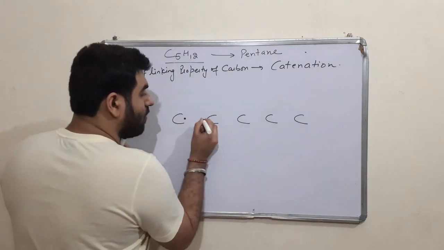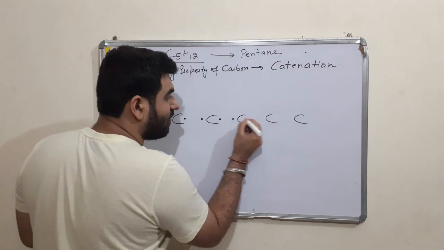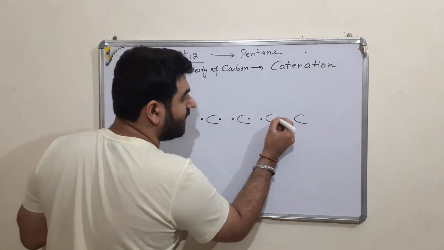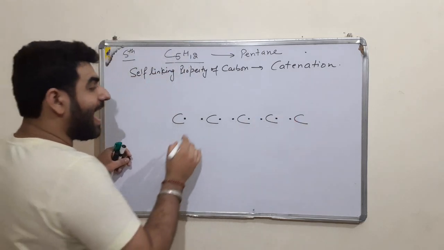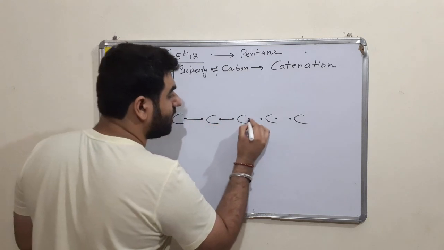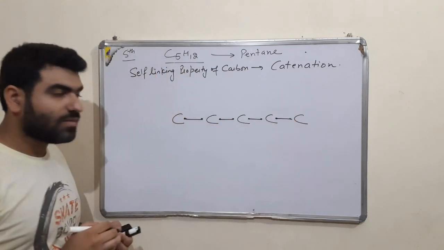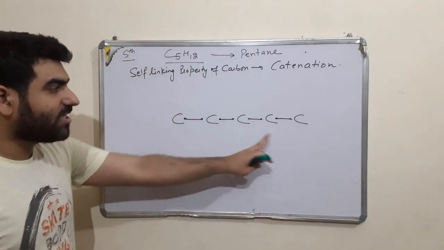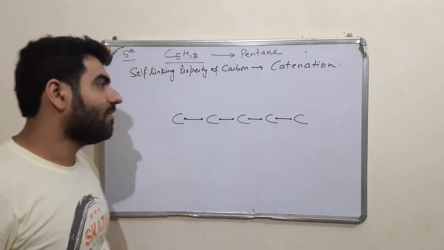1 electron here, 1 electron here. Each one of them will share 1 electron with each other, and there will be the bond formation between these. Alright, this is C5, 1, 2, 3, 4, 5.